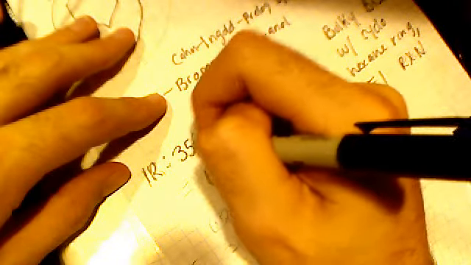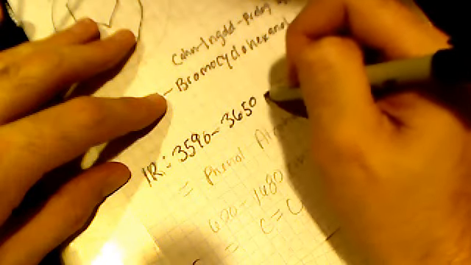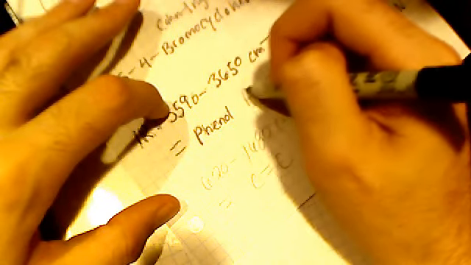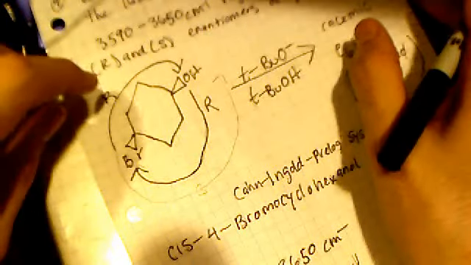The IR, which is 3590 to 3650 negative reciprocal centimeters, that's like a phenyl alcohol, an alcohol connected to a benzene ring or a cyclohexene ring, maybe with a double bond on it.